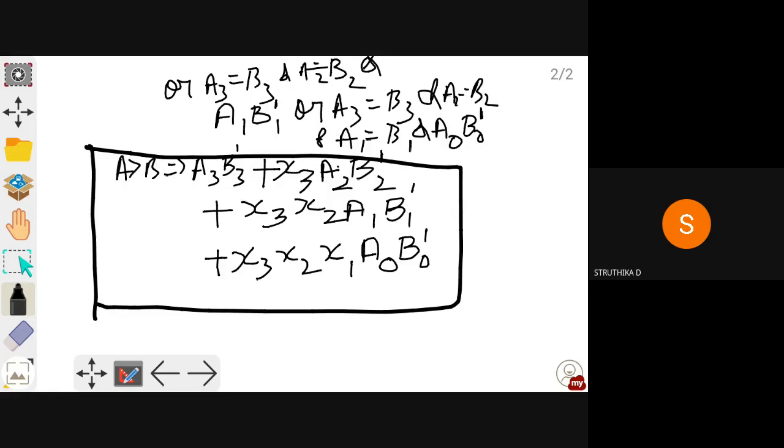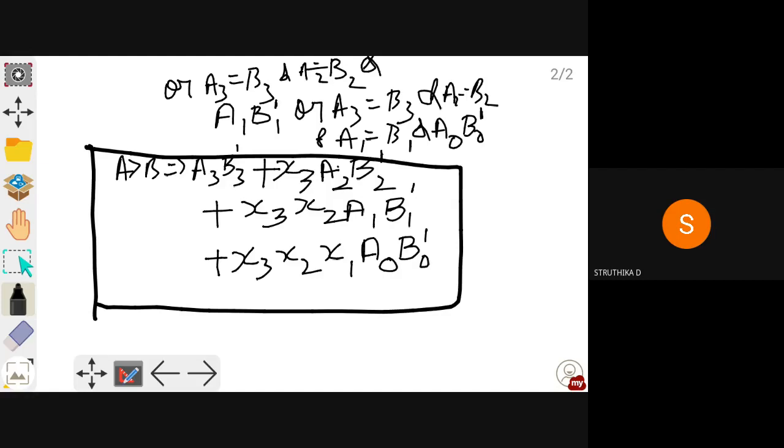So A greater than B is either A3 B3 dash, that is A3 is 1, B3 dash is 0. If this one condition is satisfied, that is enough. You don't need to check anything else, A is greater than B will come. Suppose A3 equal to B3, that is x3, then it will check the condition A2 and B2 dash.